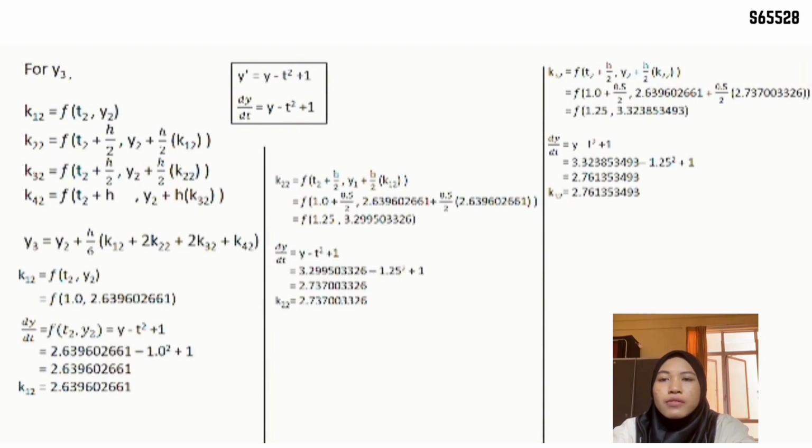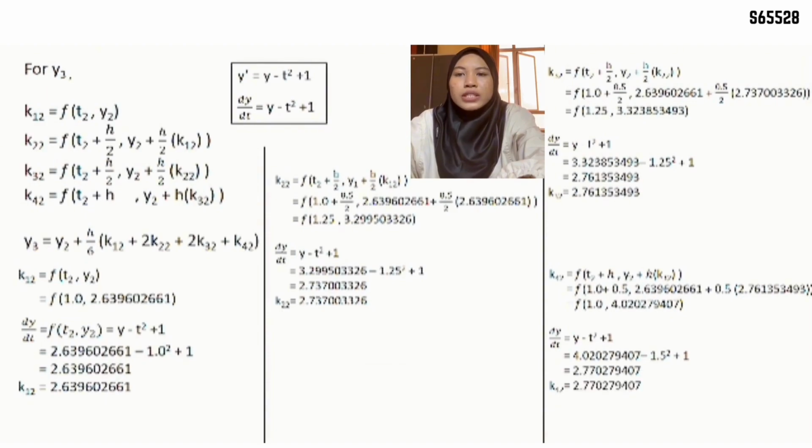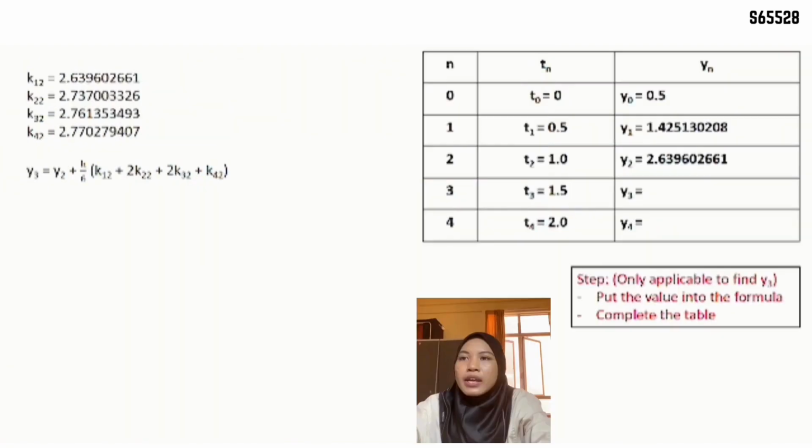2.7613539493. And then we find k42, and the formula is t2 plus h, y2 plus h times k32. Substitute the value, and we get the value of t, which is 1.5, and y is 4.0202, and so on. And we get the answer of k42, which is 2.77027940, and so on. And then we substitute the value of k12, k22, k32, and k42 in the equation.